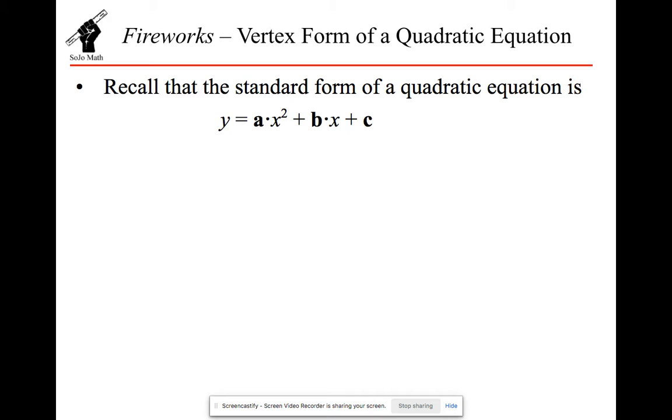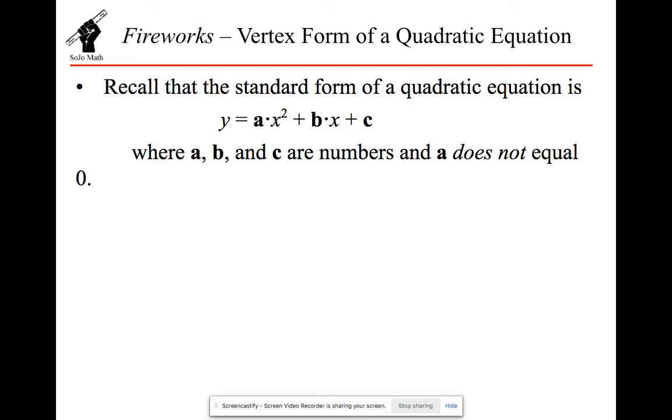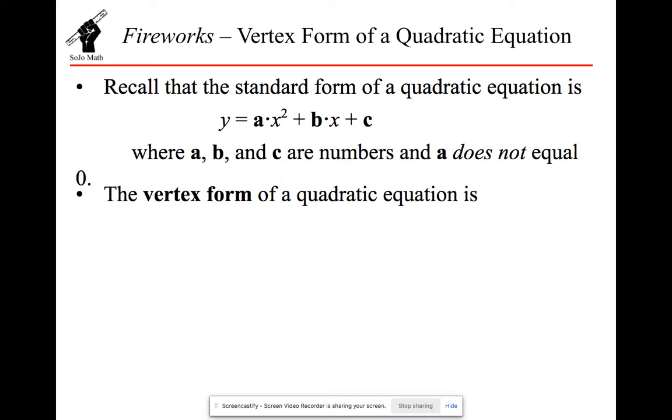And so we are now going to officially think about how to create equations using vertex form. If you remember, a, b, and c are numbers, and a will never equal 0. The vertex form of a quadratic equation looks like this: y equals a times (x minus h) squared plus k.